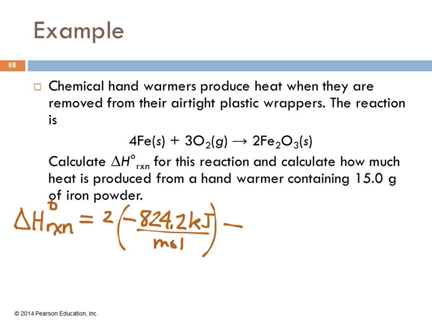Well, iron. If we go look that up, we see Fe in the solid state. That's its standard form. So that one's 0. And yeah, we should multiply it by 4. Still 0. O2 in the gas state, that's also its standard state.